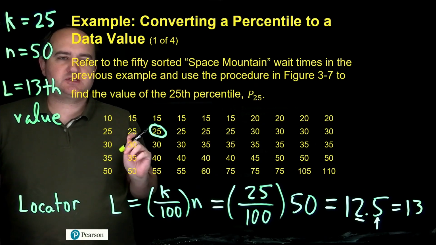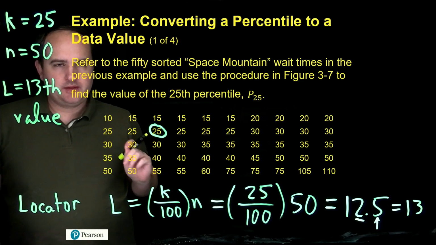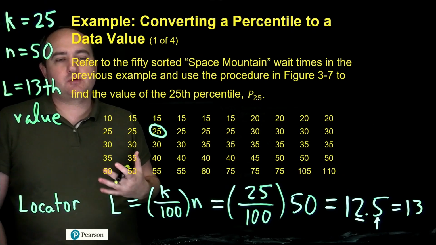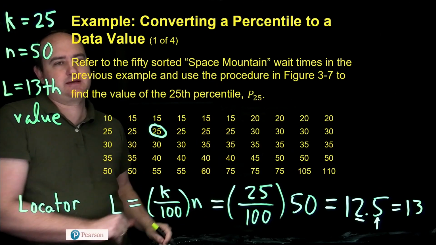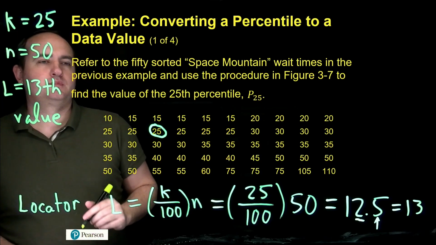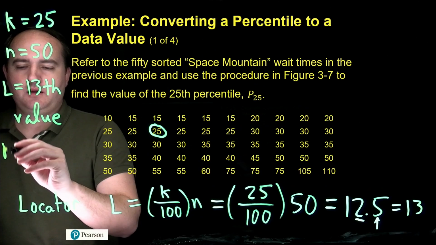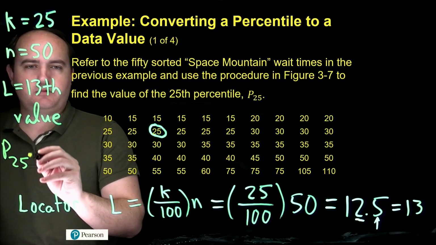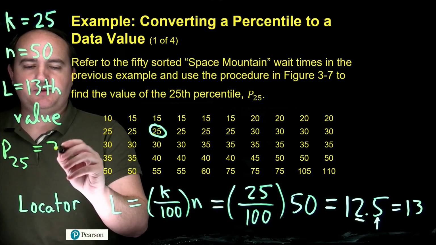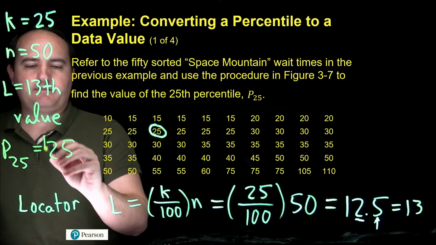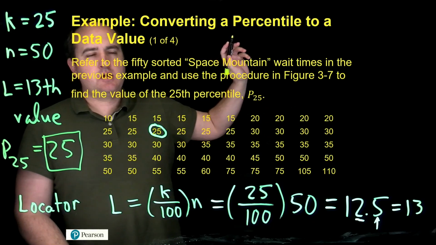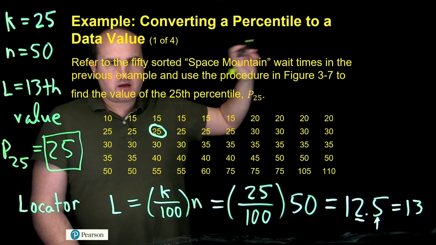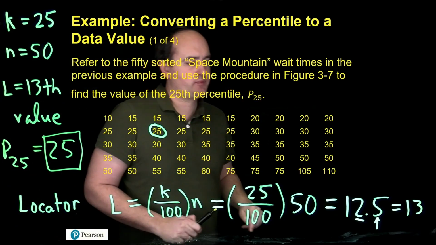What this tells us is 25 is the 25th percentile for this particular data set. In other words, P25 happens to equal 25 here. So that's converting a percentile to a data value.